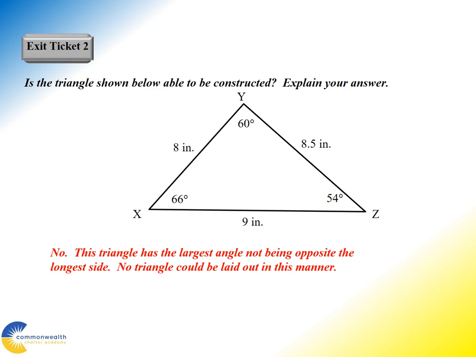The rest of it would come down to other formulas that we have not learned about yet that would determine if those would be the actual lengths. But we're looking for possibility only at this point. That would be possible. This, impossible, because I can't have the largest angle be opposite anything but the longest side. And that's the end of that explanation.